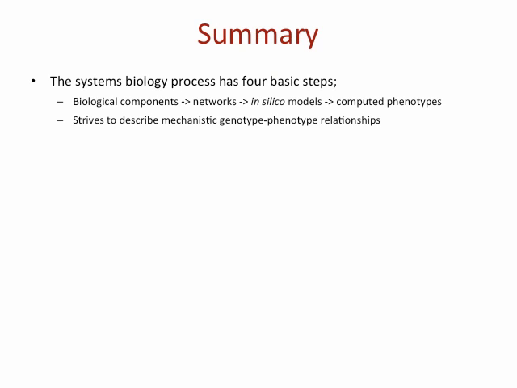We will now summarize the basic points, the basic issues brought up in this lecture. First, the relatively recent process of systems biology has 4 basic steps: component enumeration, network reconstruction, conversion of networks into mathematical models, and then computing phenotypic functions.